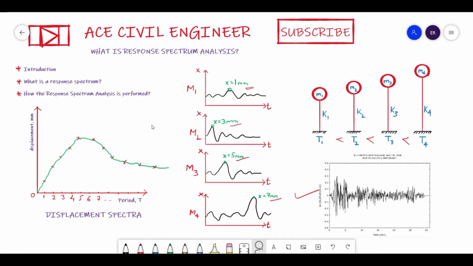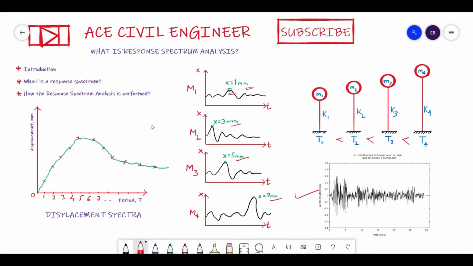So here comes the graph, friends. I have plotted the curve in green color because here I have mentioned this peak displacement in green color, so you would clearly understand what I have plotted here. This green curve is nothing but the graph plotted between the peak response and the natural period. The peak response here is the displacement.